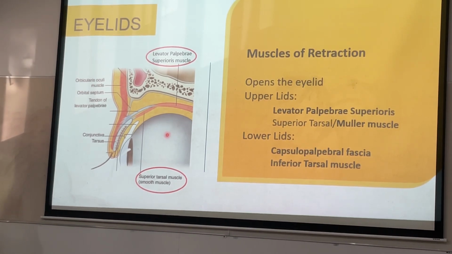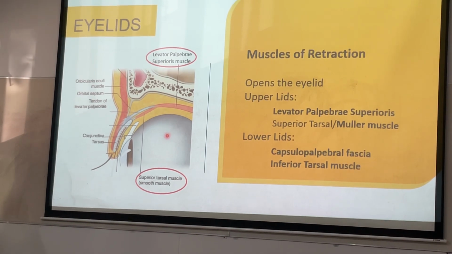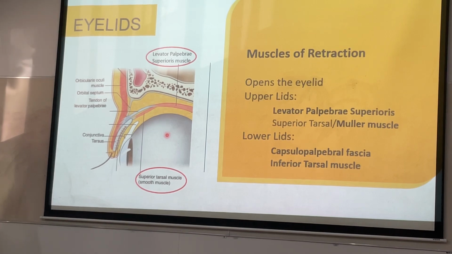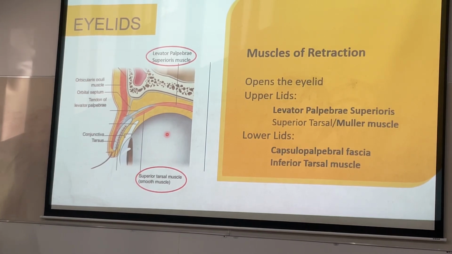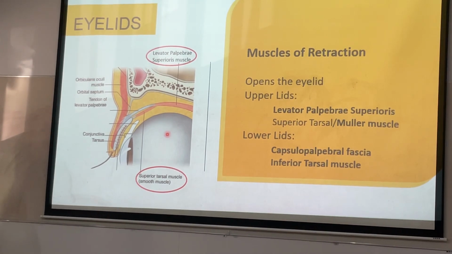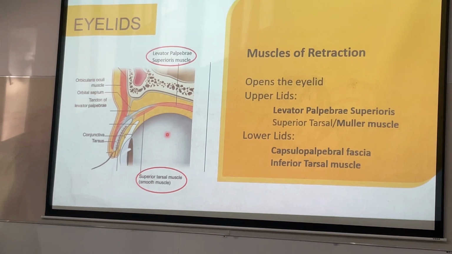Okay, so what nerve innervates this muscle? Anybody? So if cranial nerve 7 innervates your orbicularis oculi and it closes the eyelids, what nerve innervates your muscles of retraction?